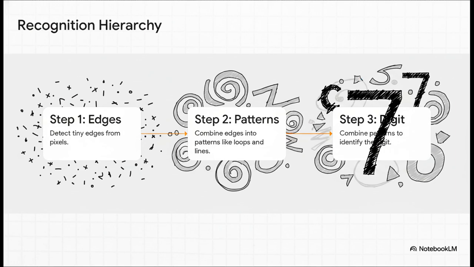The idea is that the first hidden layer learns to spot the simplest things, like tiny little edges from the raw pixels. Then, the next layer takes those edges as input and learns to combine them into bigger patterns, like loops or straight lines. And finally, the output layer can look at those patterns and say, aha, a loop and a line, that's a 9. It's this beautiful hierarchy of recognition.